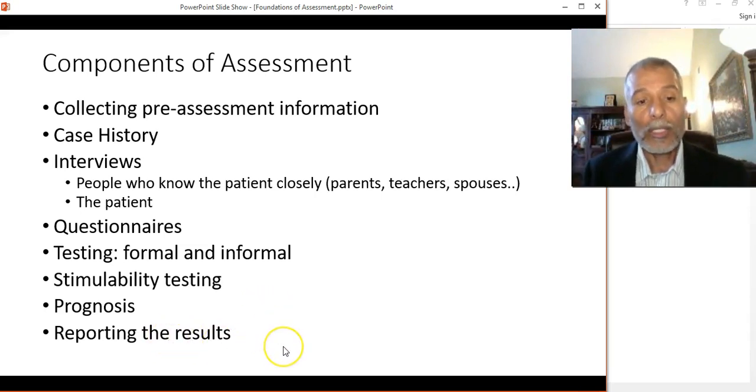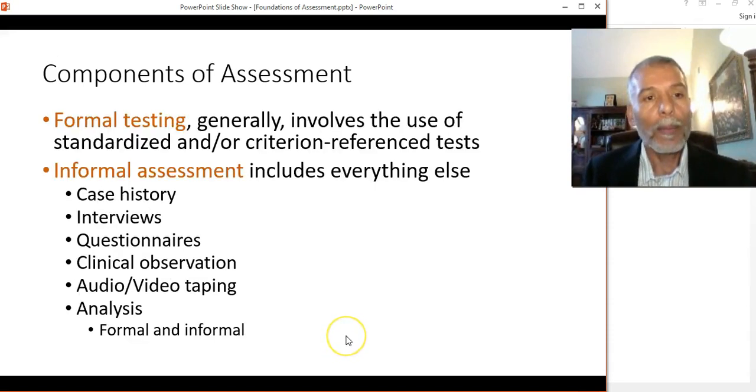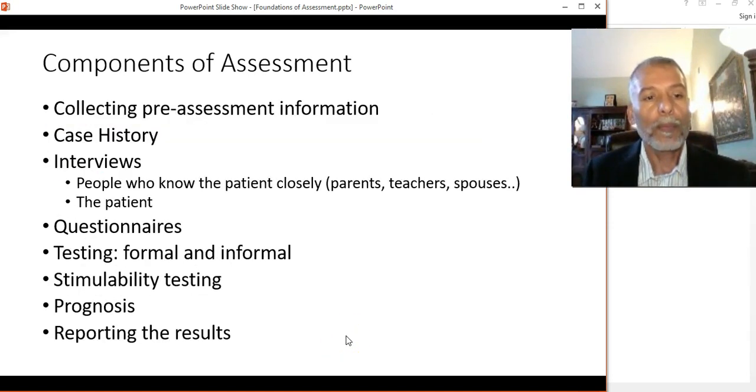When you report the results, reporting results involves writing a report, and we're going to speak a lot about this throughout the class, and also sharing the progress. Typically during a meeting, when you do an evaluation, you sit at the end with the patient, and they have a copy of the report.